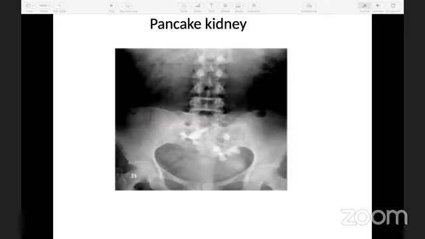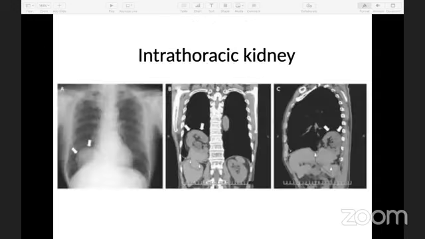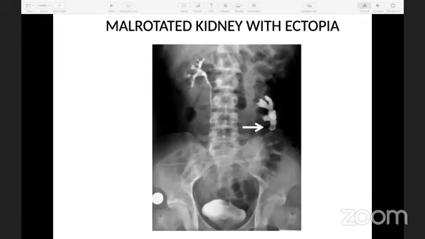Fusion of both kidneys producing typical pancake kidney. A soft tissue shadow in right lower chest proved to be intrathoracic kidney on further imaging. Left malrotated and ectopic kidney.